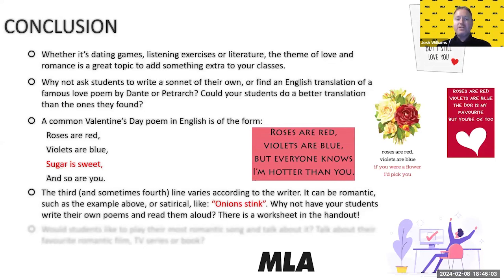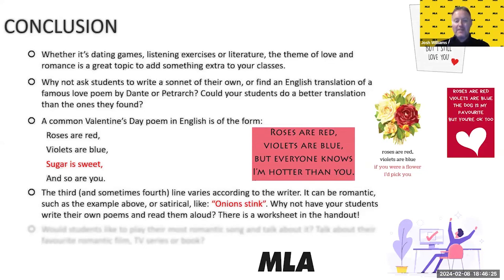What we generally have is the third, and sometimes the fourth line varies according to the writer. It can be romantic, such as the one with sugar is sweet, but it can also be ironic, satirical. For example, onions stink, and so do you.